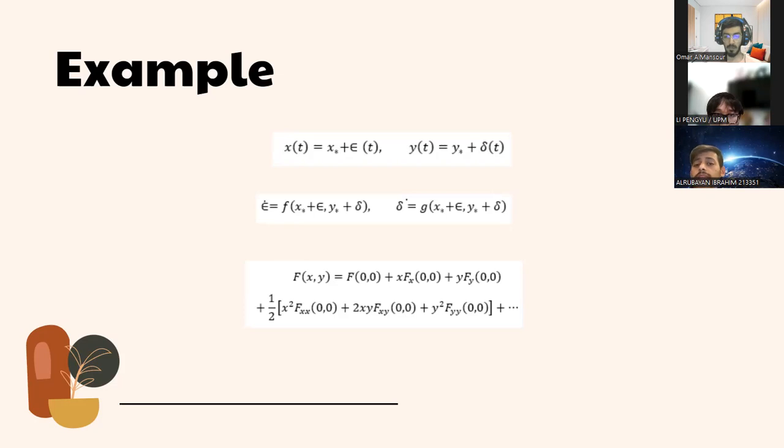For the last one, f of x, y equals f of x0, y0 plus x f_x, which is 0, plus y f_y, which will also be 0, because we can see in the figure and the equations, plus one half of x squared f_xx, which is the same 0, plus 2xy f_xy, using x0 and y0 also, plus y squared f_yy, which is also 0.